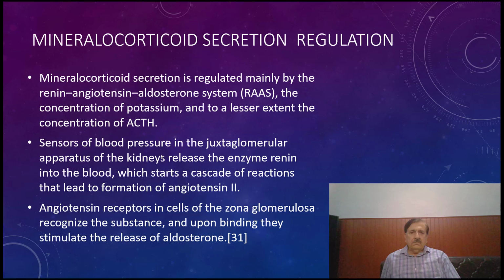Sensors of blood pressure in the juxtaglomerular apparatus of the kidney release the enzyme renin into the blood, which starts a cascade of reactions that lead to formation of angiotensin.